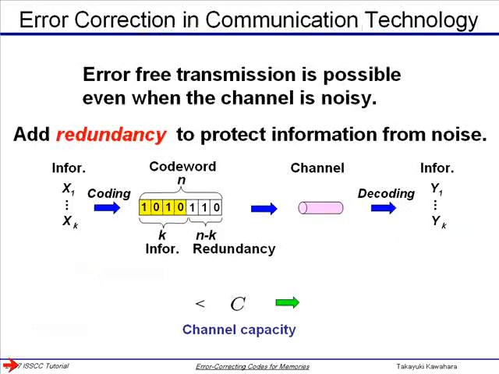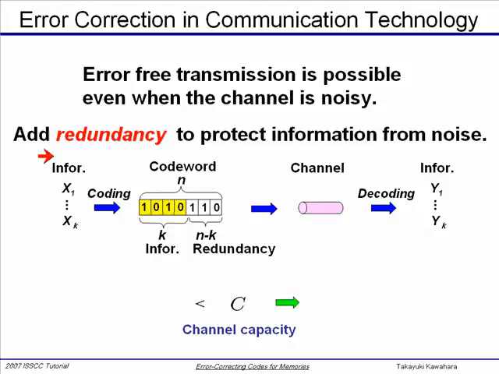Okay, so this is well known in communication technology. The communication people say, and I'm sure many people from the communication field know, that error-free transmission is possible even when the channel is noisy. Just add redundancy to protect information from noise. Here I put this without an explanation of terminology, but in this lecture I will talk about it one by one.